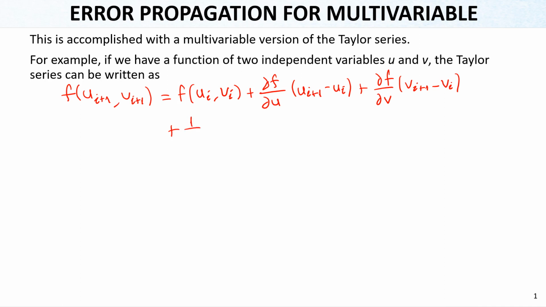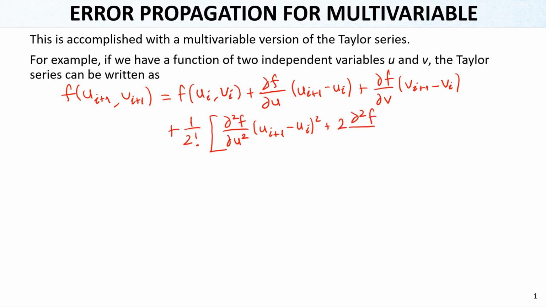Let's continue with the second order term. For that we have 2 factorial, and inside this we will have the second order partial derivatives of the function, first in terms of u, and also the square of the step size for u, (u_{i+1} minus u_i) squared, plus 2.